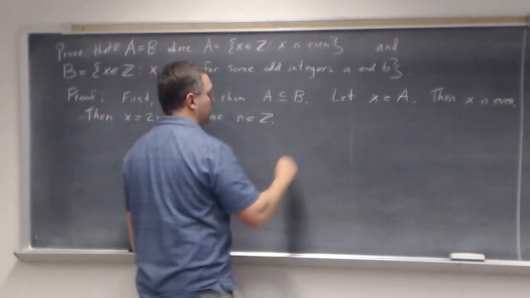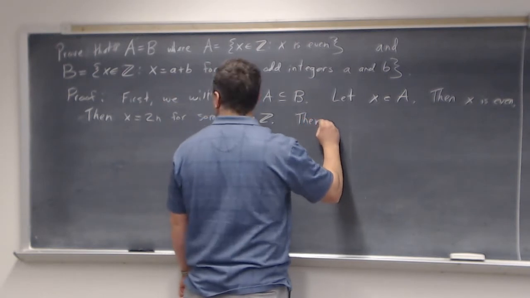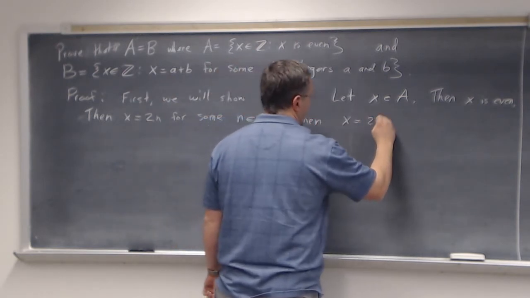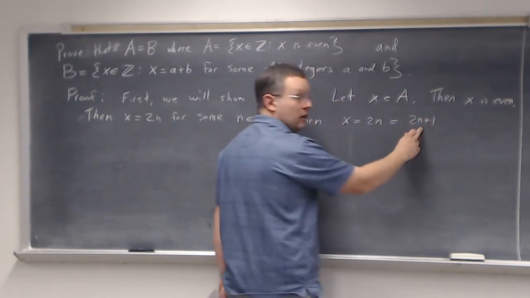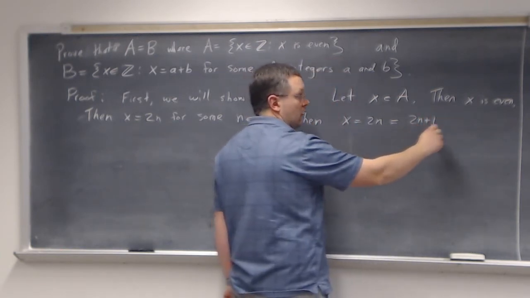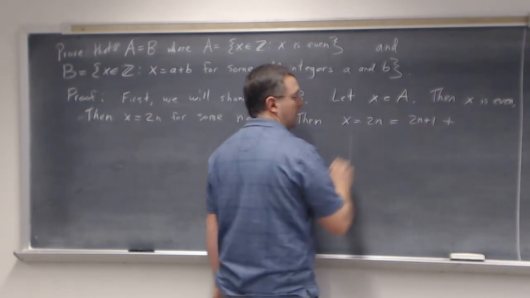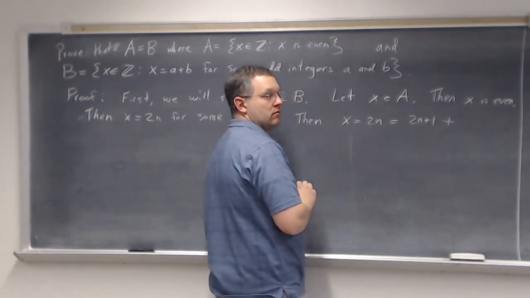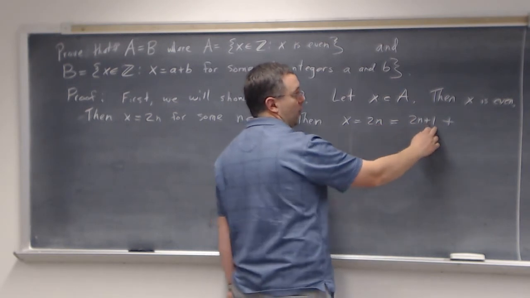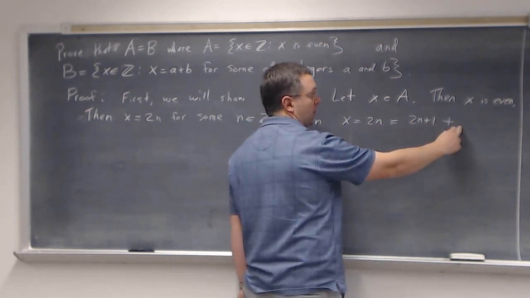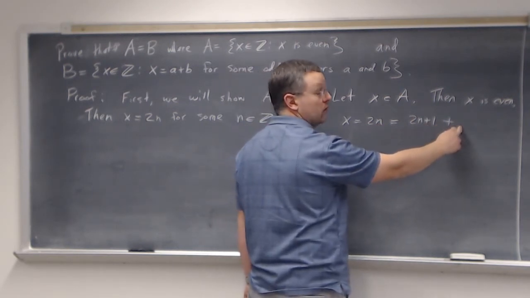Well, here's how. So then x equals 2n. I can write it like this. 2n plus 1 is clearly an odd integer. What odd integer do I think I'm going to add to this? So to 2n, I added 1, I better subtract 1.